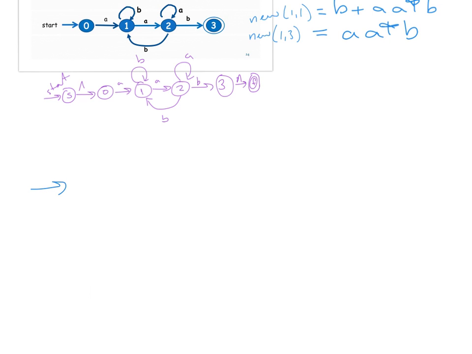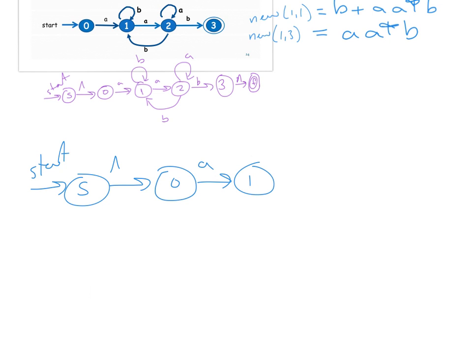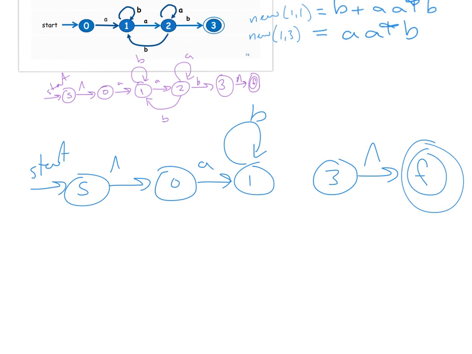We have our start, goes to an S, which has a lambda to state 0, which has an A to state 1. State 1 has a loop with a B on it. We're not going to draw state 2, but we will draw state 3, and state 3 has a lambda transition to the double circled F.